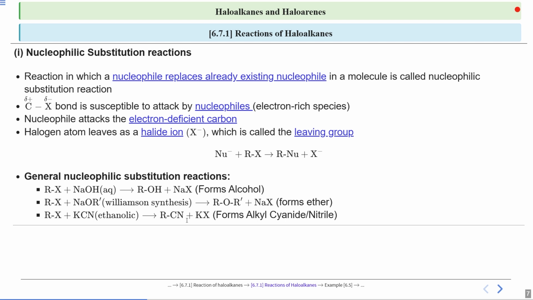Here also nucleophilic substitution is happening: CN negative is the nucleophile which attacks the electron-deficient carbon at which the halogen is bonded. The cyanide replaces the halogen, and the halide ion is removed and attaches with potassium to form potassium halide. So these are some general nucleophilic substitution reactions that the haloalkanes show.